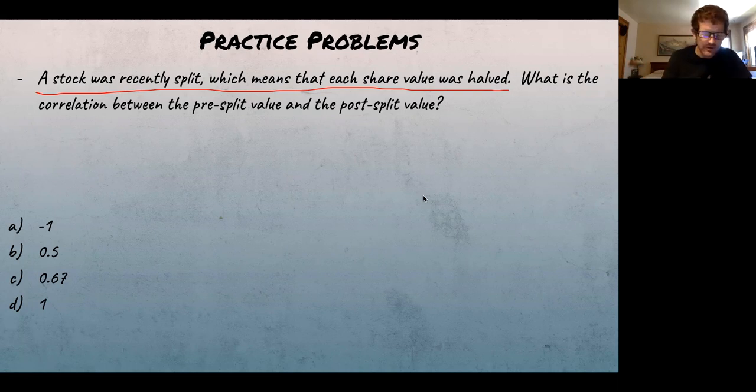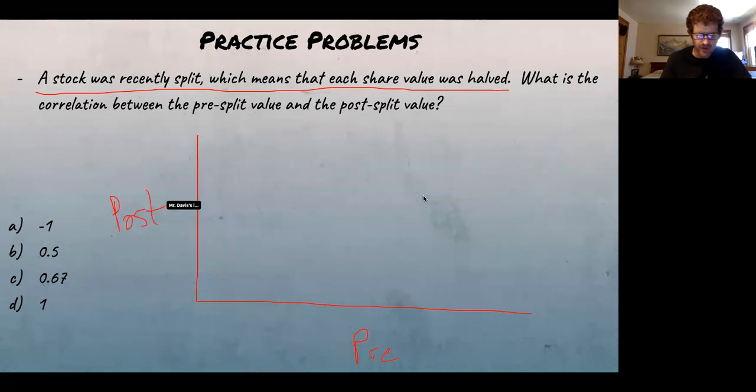So let's create a scatter plot. Here's pre-split, here's post-split, and we're going to use simple numbers. Let's say we've got $1, $2, $3, and $4.